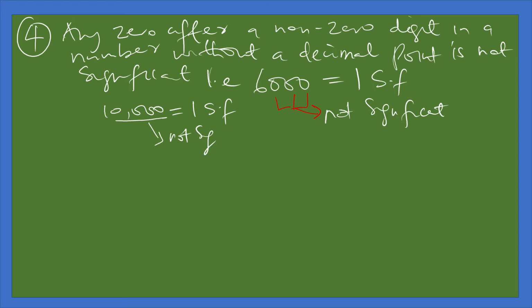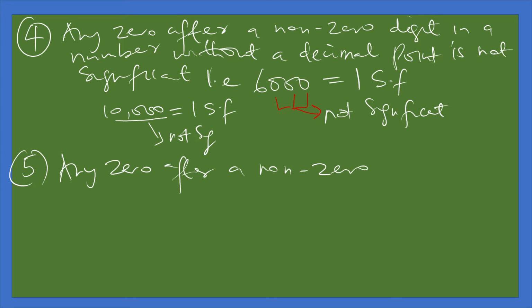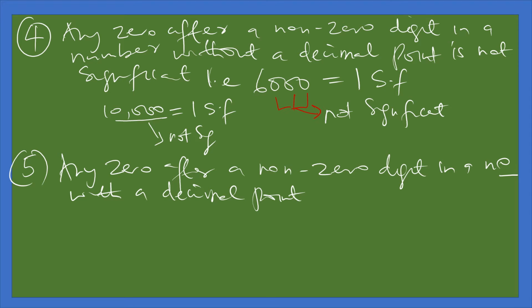Take note of that. Then the next one, which is similar to rule 4, is that any zero after a non-zero digit in a number with a decimal point is significant.